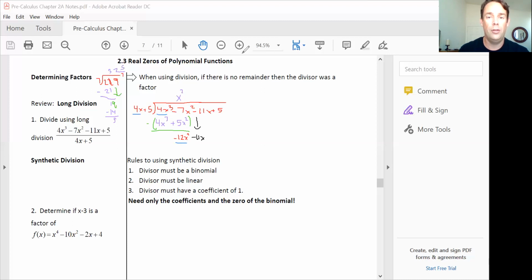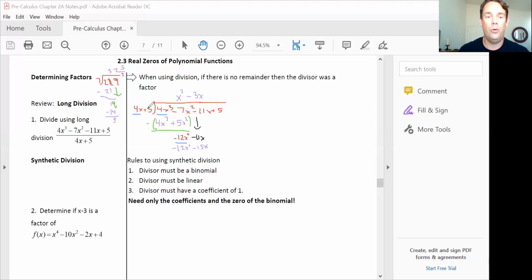You guys would say negative 3x. Now we get a negative 12x squared, because 4x times negative 3 is negative 12x squared. Negative 3x times positive 5 would be a negative 15x.